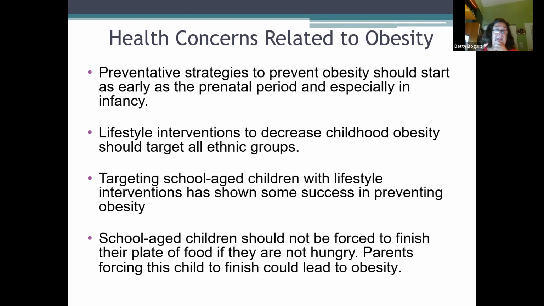But if I left something on my plate, I was forced to finish it, because there are hungry kids everywhere, right? I mean, we've all heard that saying. The problem with that is once you have put this in the mind of a school-age child, they become adults who have to finish their plates too. And when you do that, what are we doing? We're promoting obesity. If you're not hungry, you're eating, is what we've done.